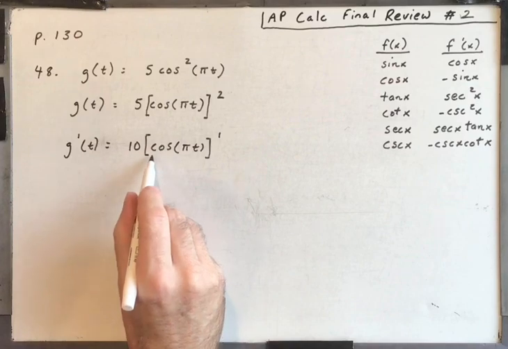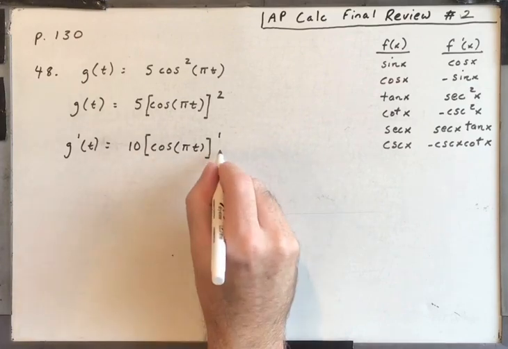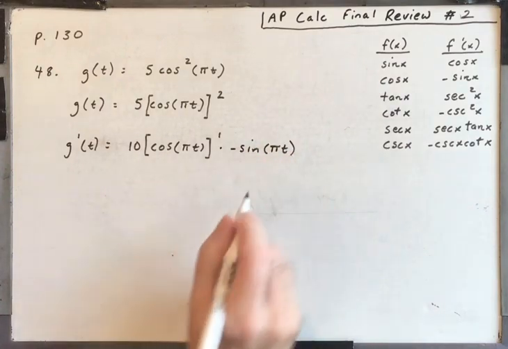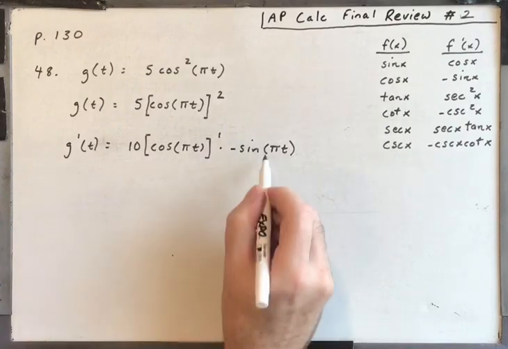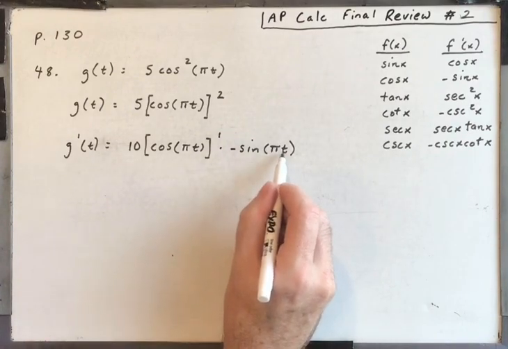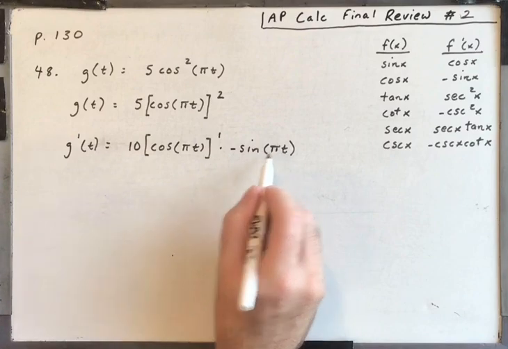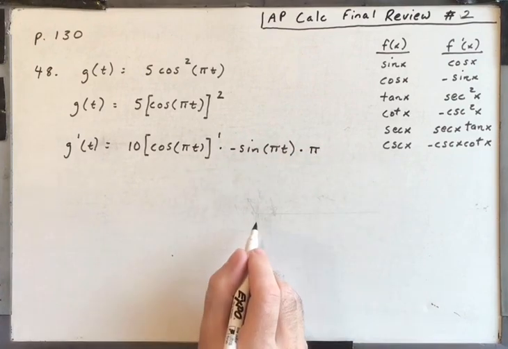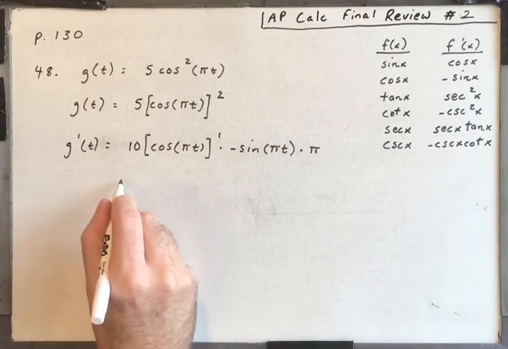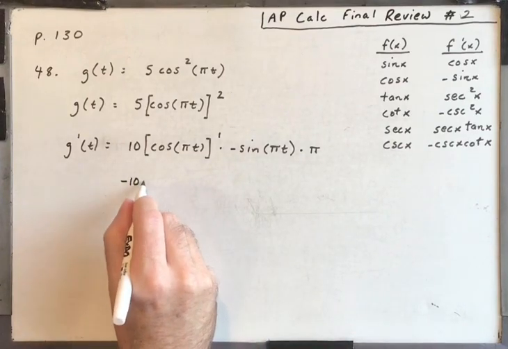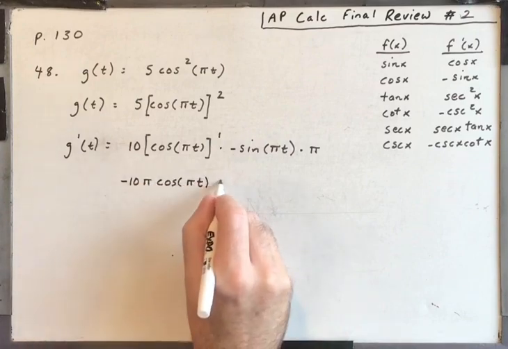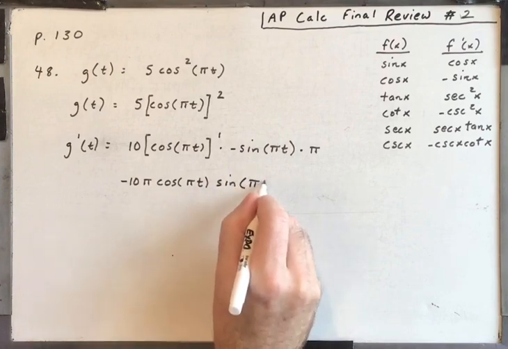Then we're going to take the derivative of this first inner block, so that's going to be times negative sine pi t. So that's our second layer. And then we have the derivative of the angle, that third block, the innermost block, so that's going to be times pi. All right, so consolidating everything, we would have minus 10 pi cosine pi t sine pi t.